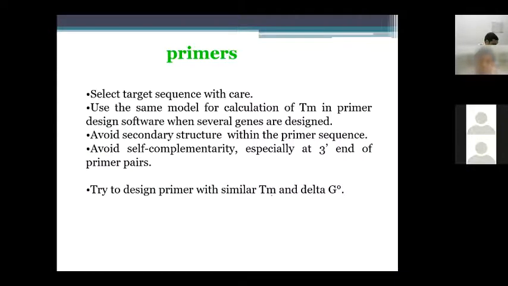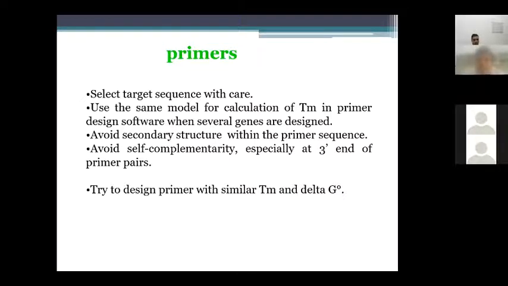So a primer is selected from the target sequence very carefully. Use the same model for calculating the TM in the primer designing software. When several genes are desired, it helps you to run multiple primer sets in the same cycling condition. For example, you need a target gene as well as a reference gene. So you design the temperature, or TM, for both primers, the reference gene as well as the target gene.